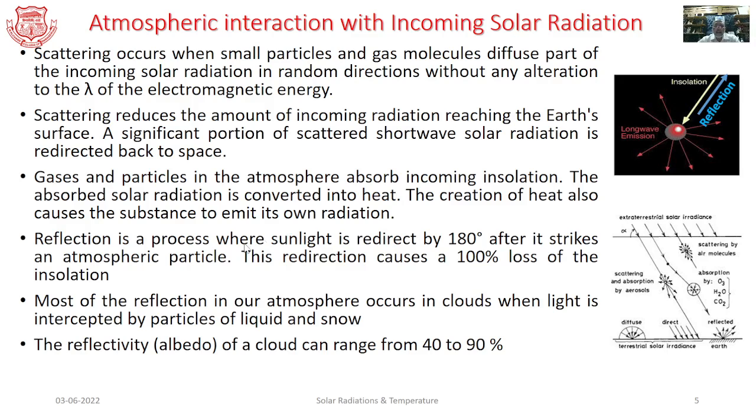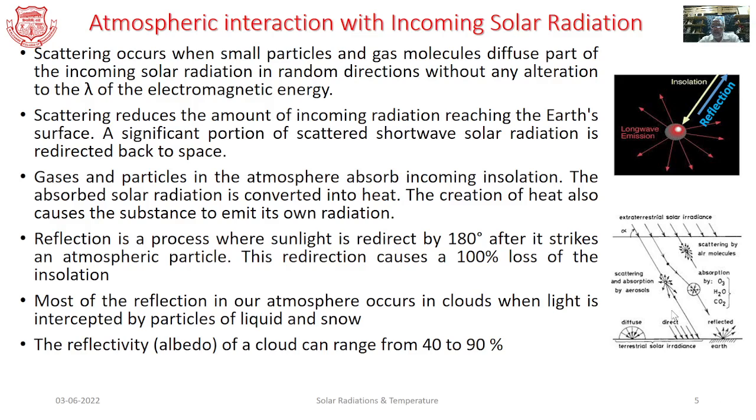Let's try to understand the atmospheric interaction with incoming solar radiations. We just consider the effect of the presence of certain dust particles, gas molecules, or water vapor in the upper reaches.